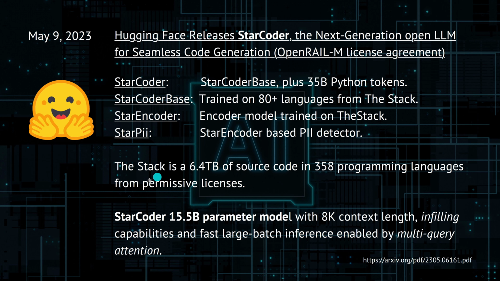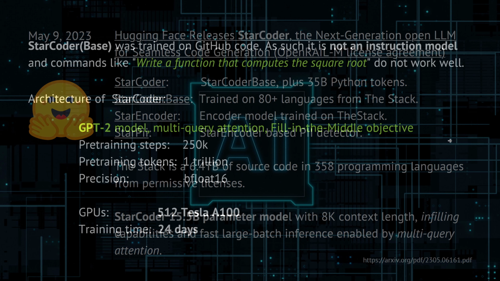And StarCoder itself is a 15.5 billion parameter model with some unique features, and we have an 8K context token length, and this results in a lot of architectural choices. First of all, the infilling capabilities and multi-query attention. Let me show you what I mean.